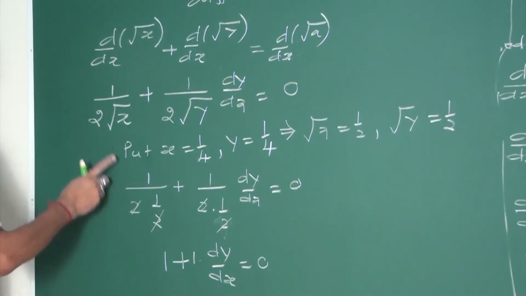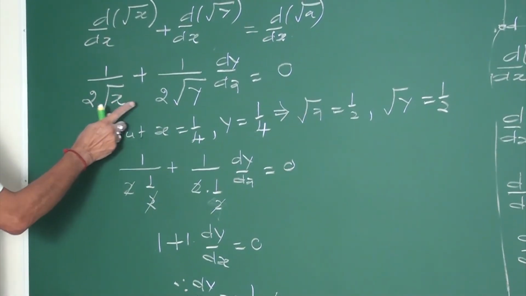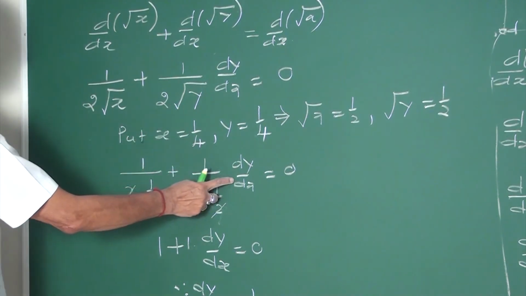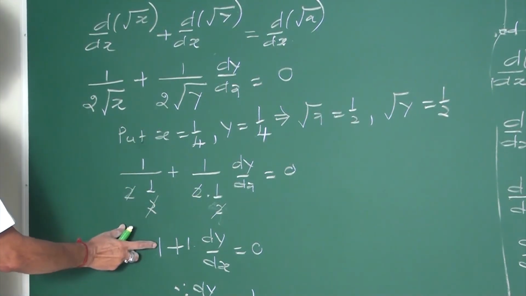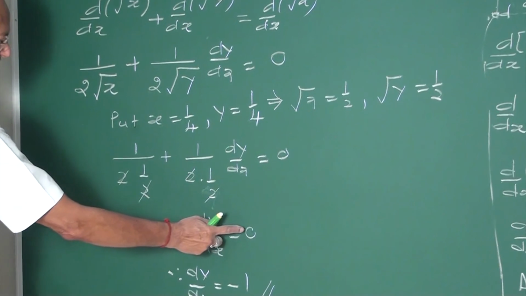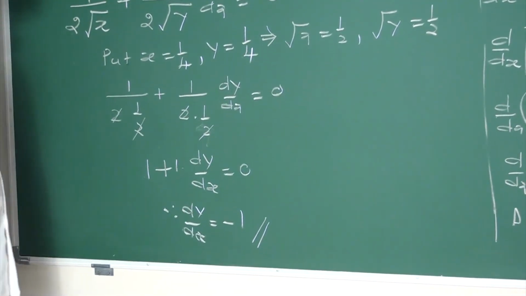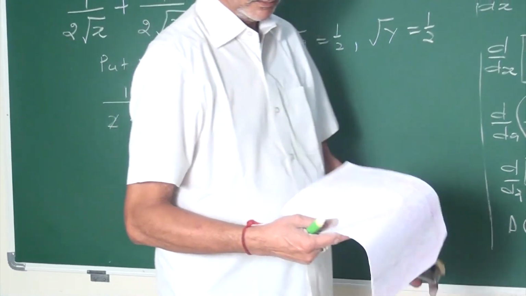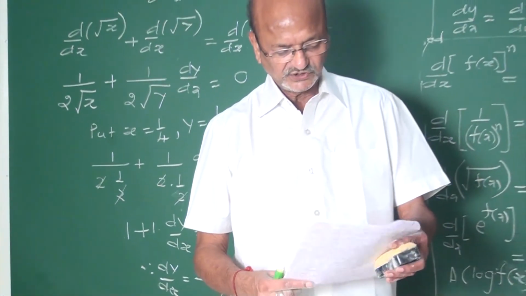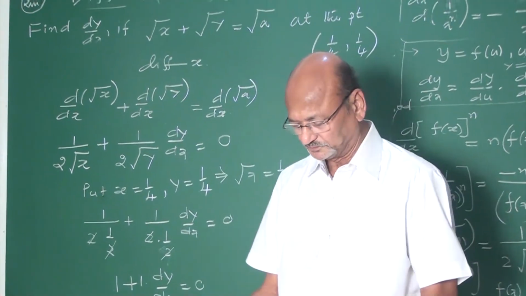Substitute: 2 into root x plus 2 into root y into dy by dx. Simplification: 1 plus 1 into dy by dx is 0. So dy by dx is minus 1. Yes, my friend. Next one.